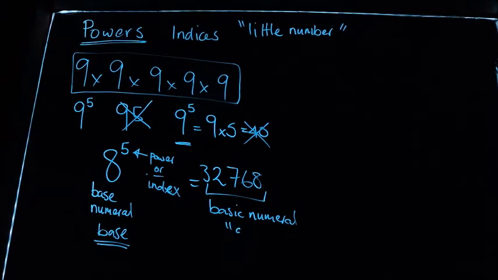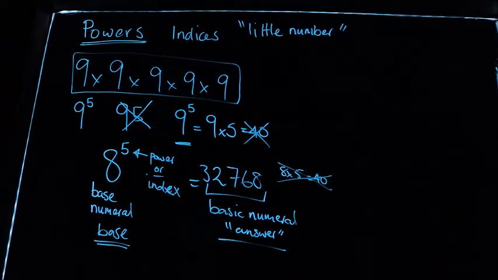Alright, so that's the answer. Okay, if we misinterpreted this, we would have written 8 times 5 is equal to 40. Okay, you can see how far we are off with the answer if that's what we're doing. So we just need to be really careful about what we're doing.